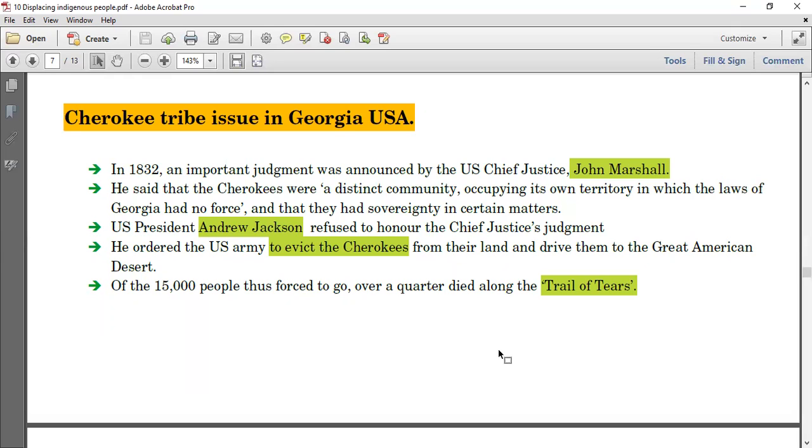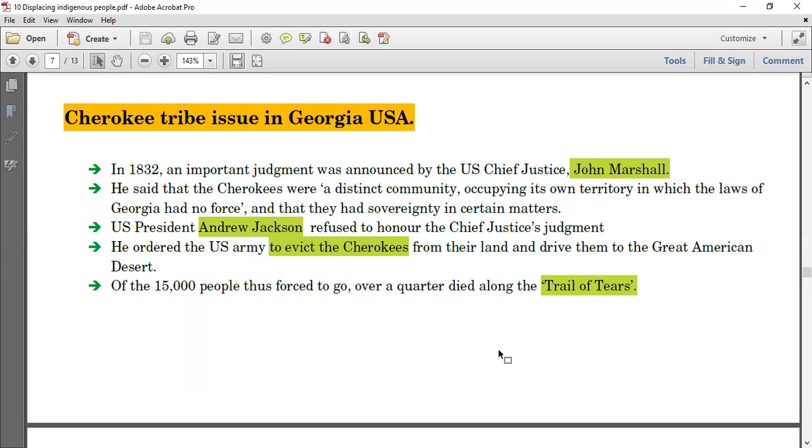But the US President Andrew Jackson refused to honor the Chief Justice's judgment. He ordered the US Army to evict Cherokees from their land and drive them to the Great American Desert. So he told the US Army that this is not true and he was not going to acknowledge it.